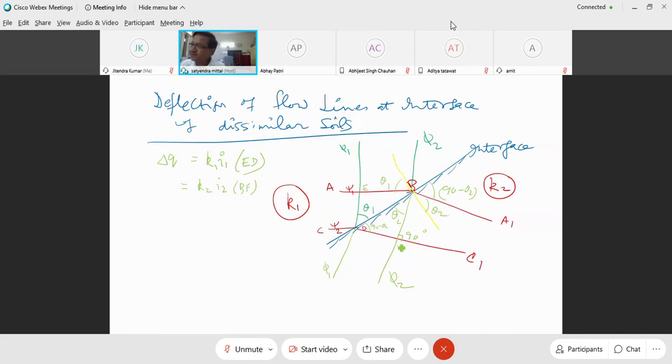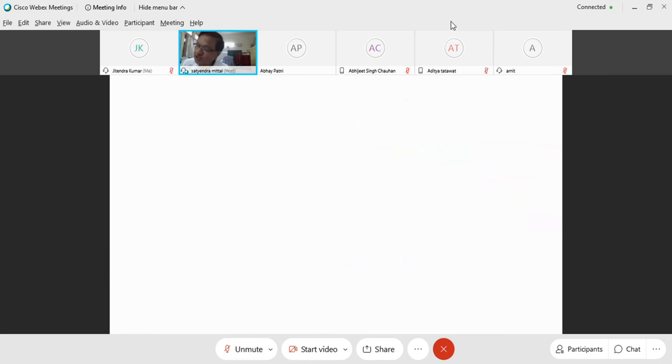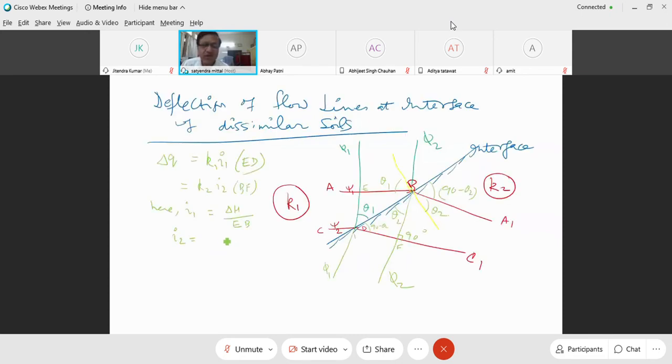This is F. So here I1 is equal to delta H upon EB, this is point D already defined, and I2 is equal to the same delta H upon delta L. So I2 is equal to delta H upon DF. You can refer to this figure.